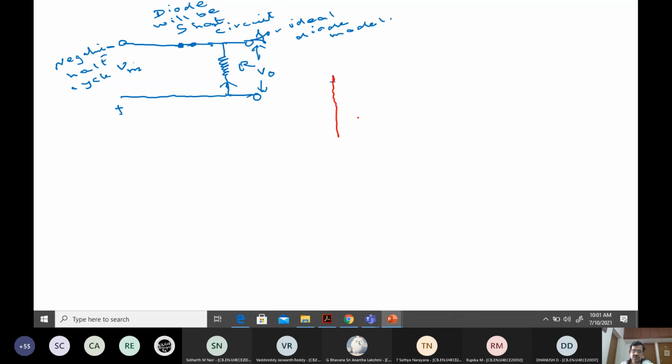So once more, I'm drawing the input signal, because if you understand the first one quickly, the second one will be easier.